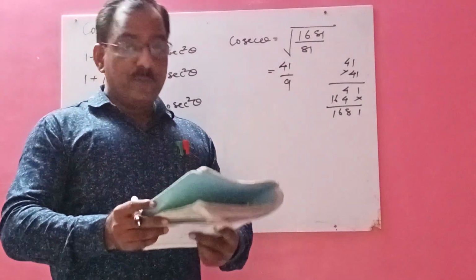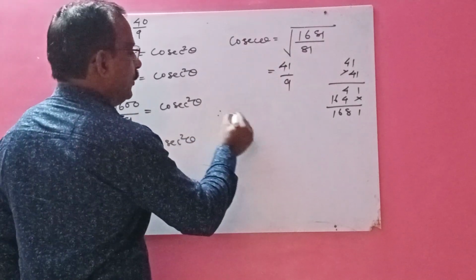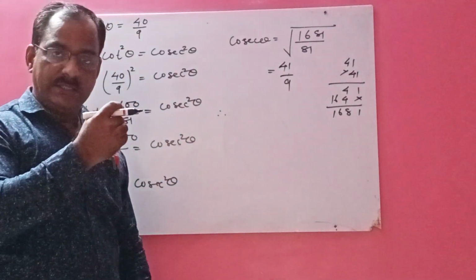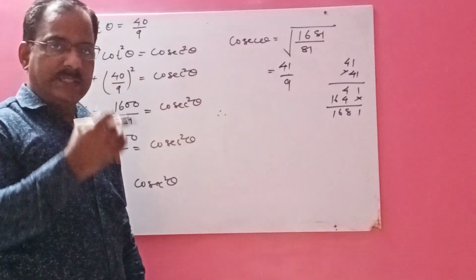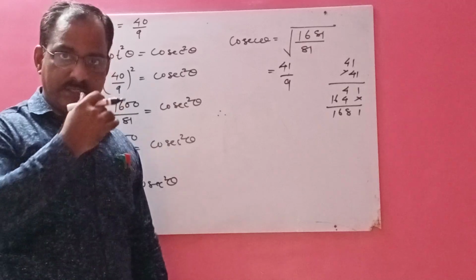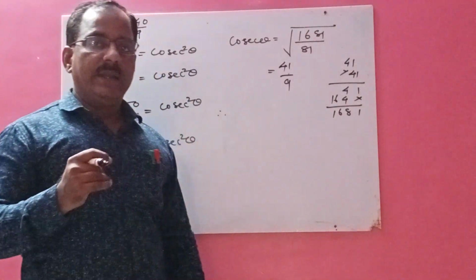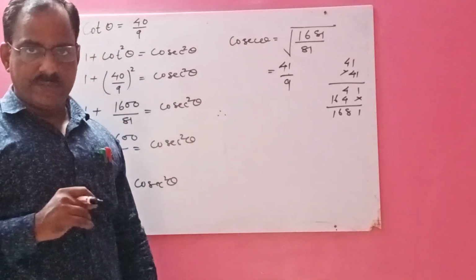And then find sine theta. Children, I have given you the formula to calculate sine theta, cos theta, tan theta, because all have a relation with cosec theta, cot theta and sec theta. That is, cosec theta, cot theta and sec theta are all the multiplicative inverses of sine, cos and tan.